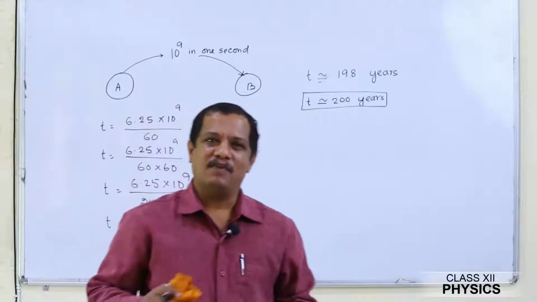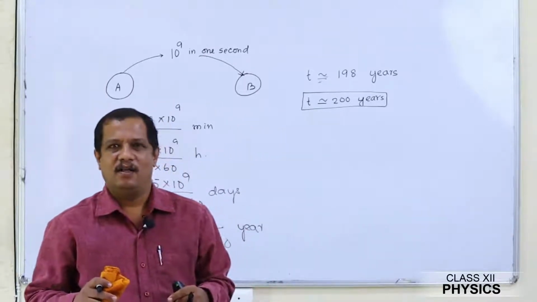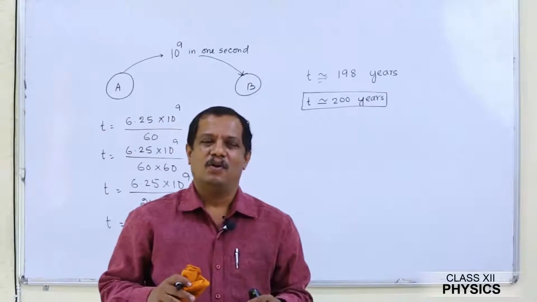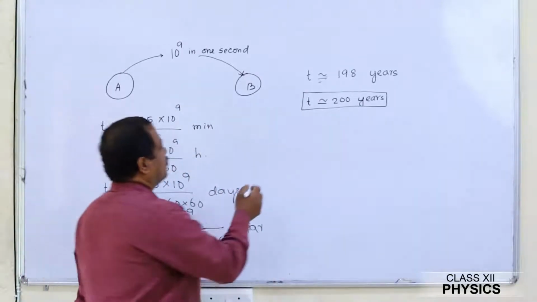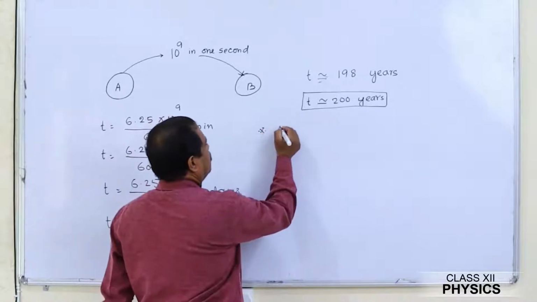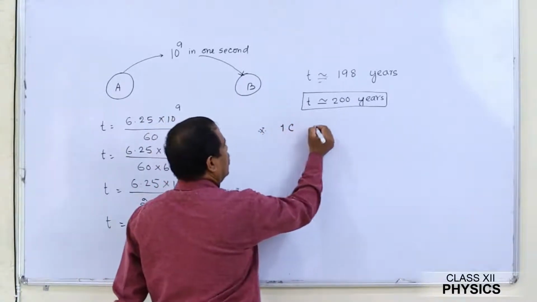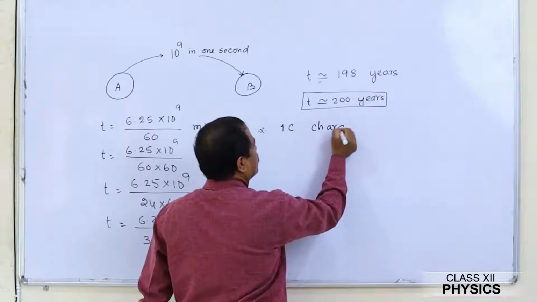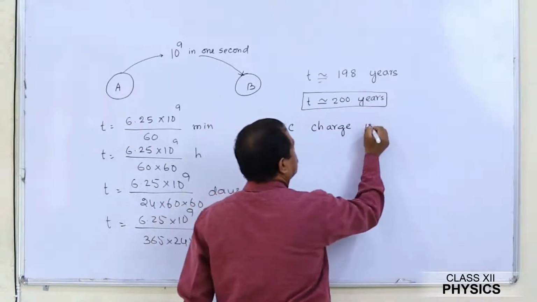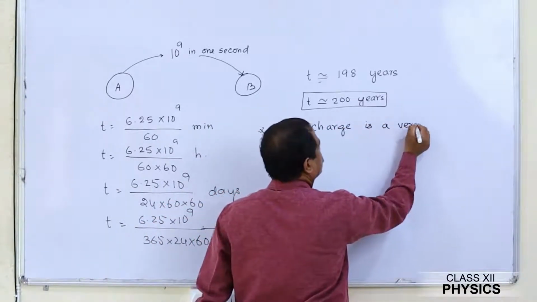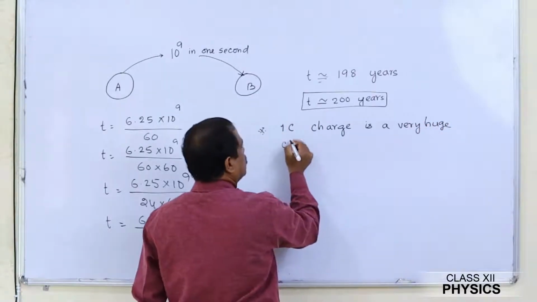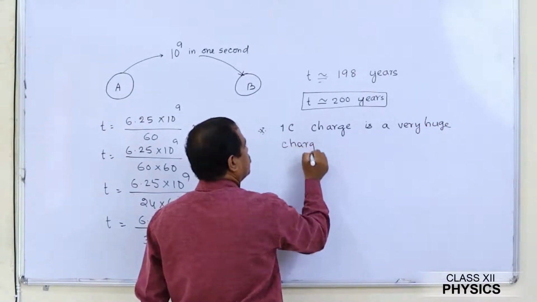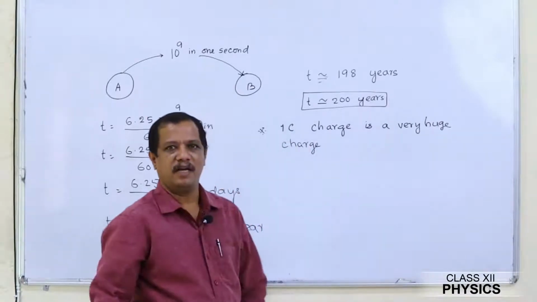So what is the concept that we need to understand? The 1 coulomb charge is very, very huge in amount. From this we get the concept that 1 coulomb charge is a very huge charge in terms of magnitude.